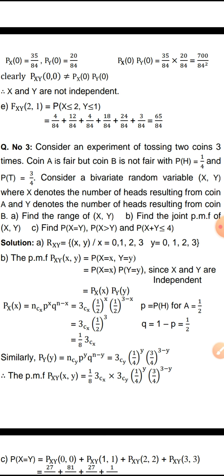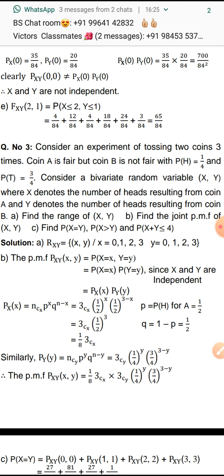Consider a bivariate random variable X, Y, where X denotes the number of heads resulting from coin A and Y denotes the number of heads resulting from coin B. So consider an experiment of tossing a coin 3 times. Coins A and B are tossed 3 times.